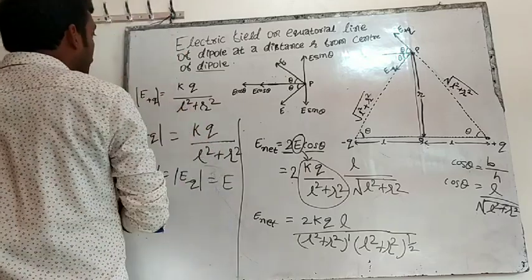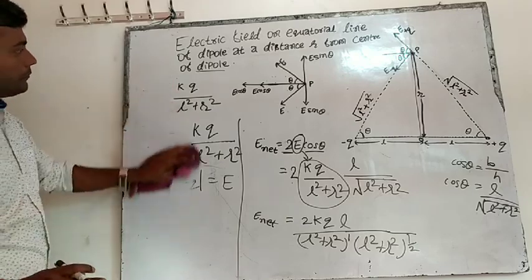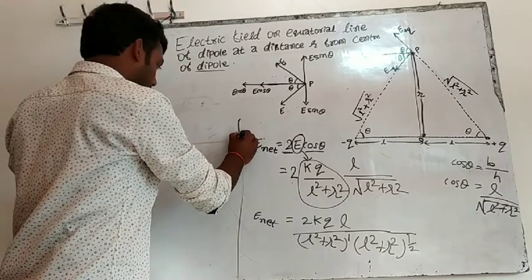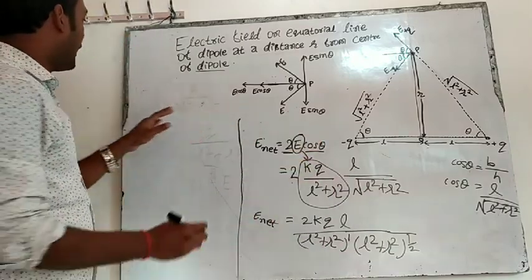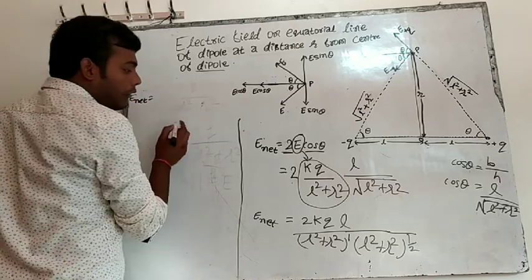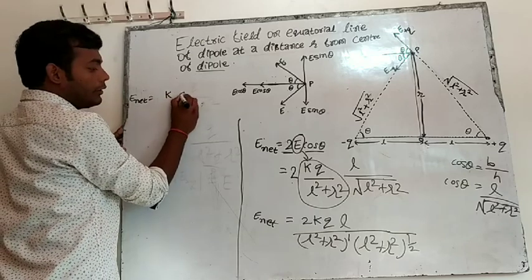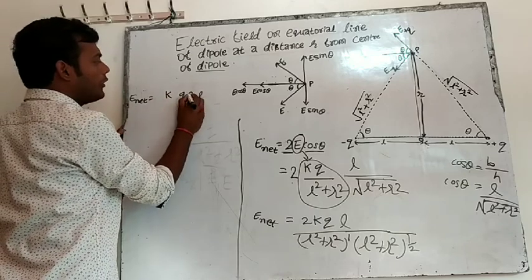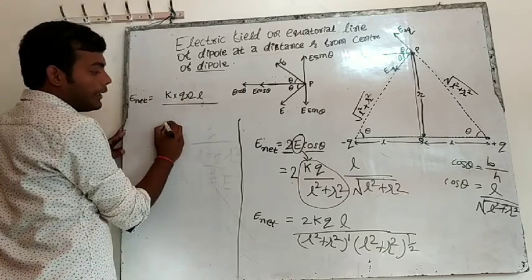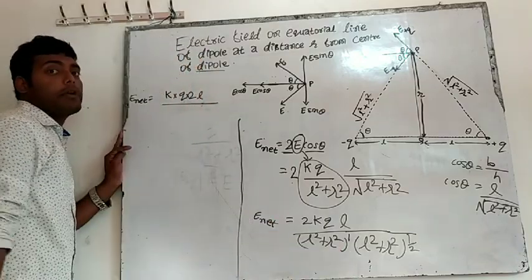Now if I solve it more, hope you have completed this. See here, if I expand it further, E net is equal to K Q into 2L, divided by, see here, this base is L square plus R square, and this base is also L square plus R square.